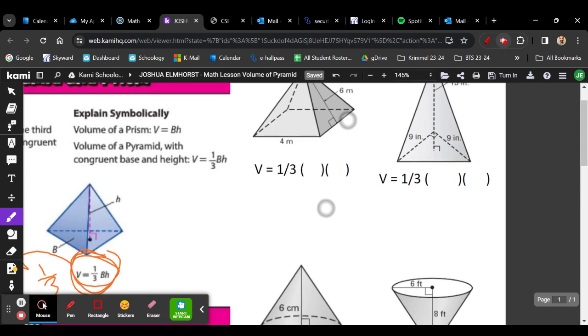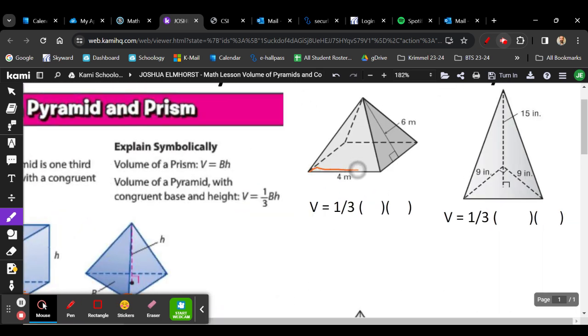So let's practice a little bit. We got the base area, looks like it is a square, so we got 4 by 4. So we're going to find the volume of that. 4 times 4 is going to give us 16. That's our base area, and then we need the height. We should have the height over here. So let's treat that as 5.